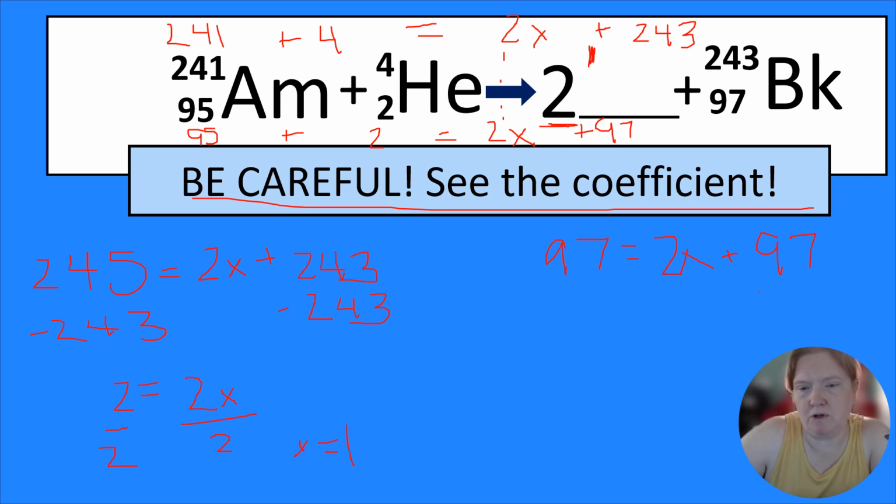What about the bottom number? So minus 97 minus 97, 0 equals 2x, divided by 2, x equals 0. Now, I can't look up an atomic number of 0, so where would I look this up? On table O. So what symbol would go there?